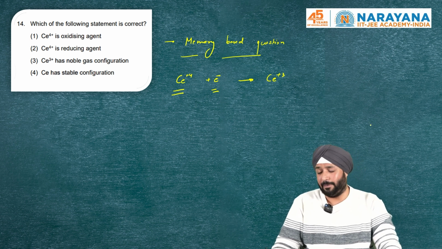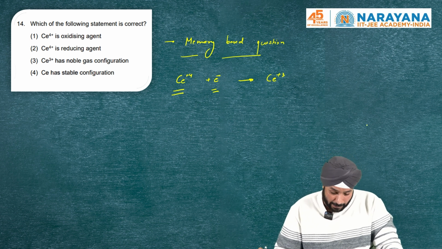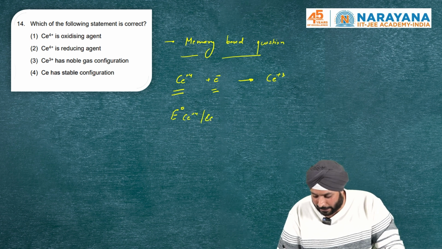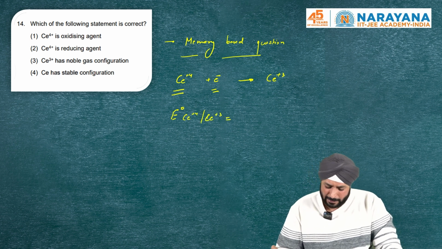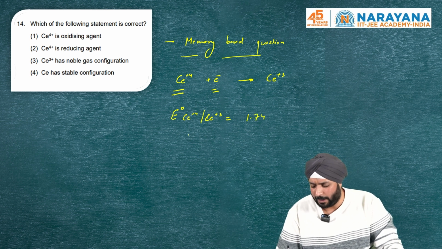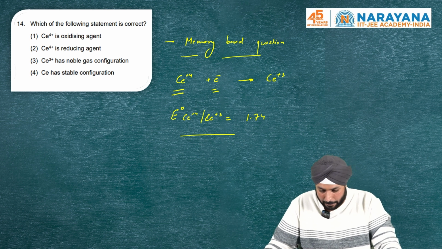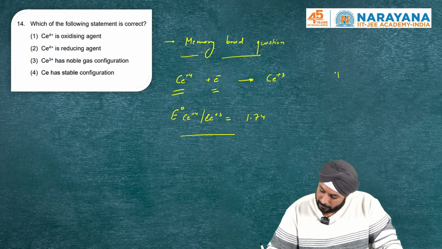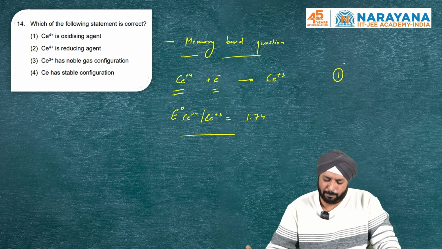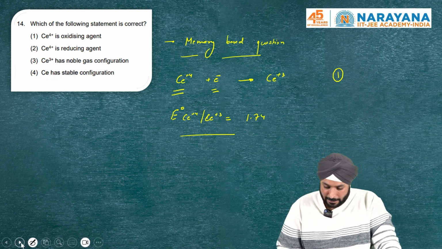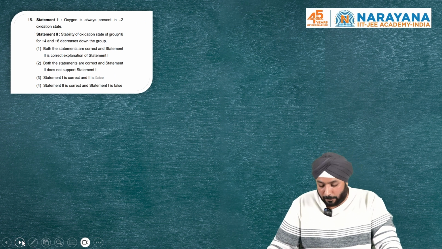That is why a large amount of energy is liberated, which makes the E naught value of Ce plus 4 to Ce plus 3 quite high, in the range of 1.74. Hence, it acts as a strong oxidizing agent. That is correct. So, answer is 1. It's purely a memory based question, right? Next, question number 15.